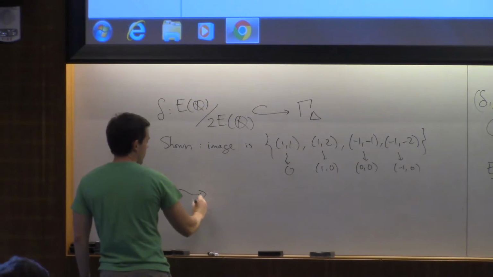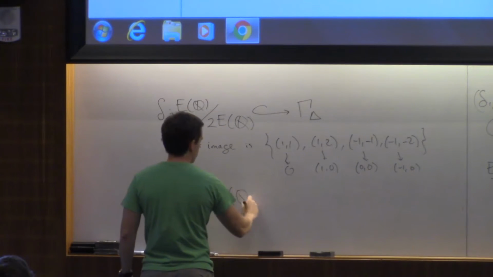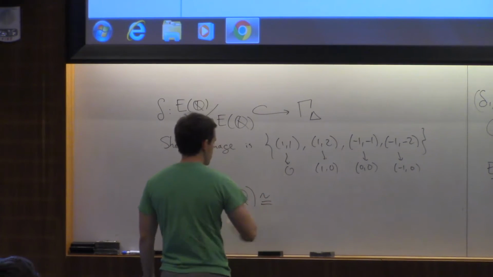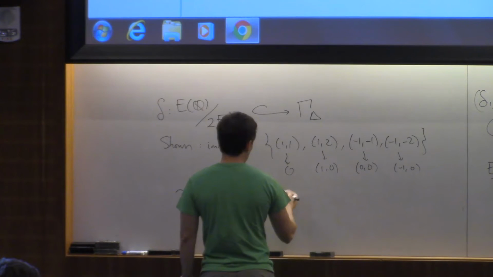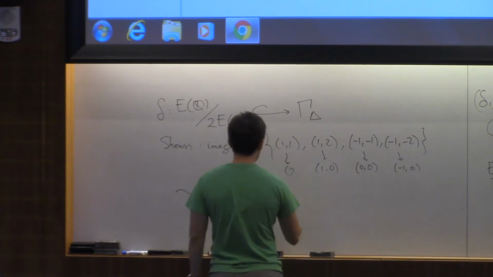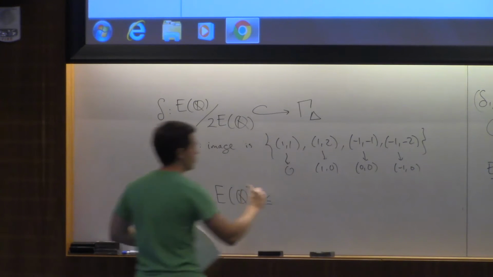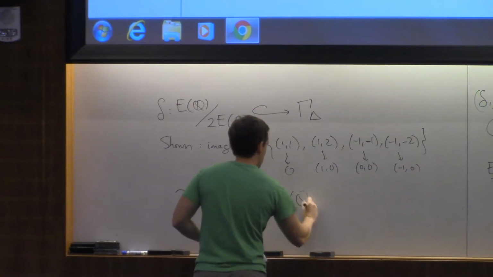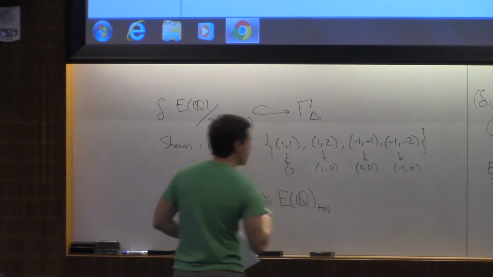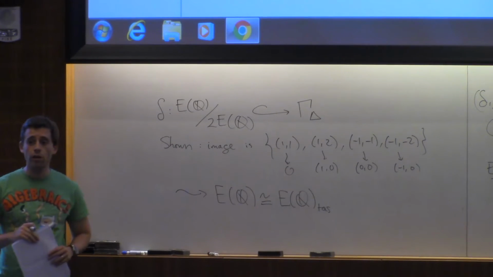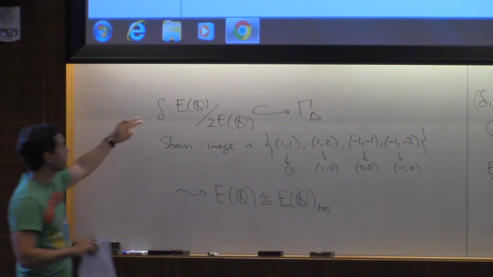So that tells me that EQ is actually just equal to its torsion subgroup. There is no point of infinite order, those would show up in that quotient.